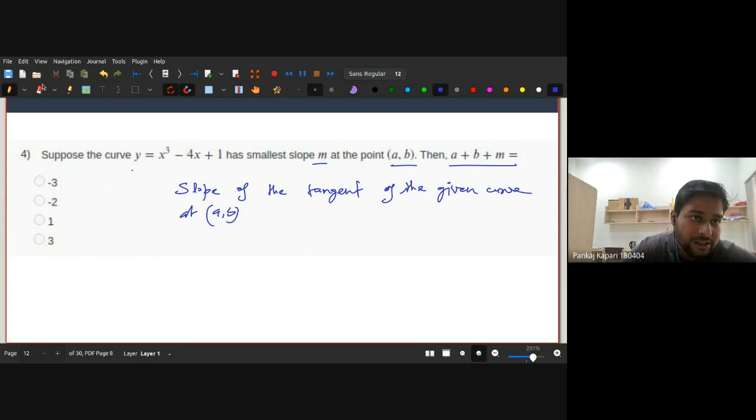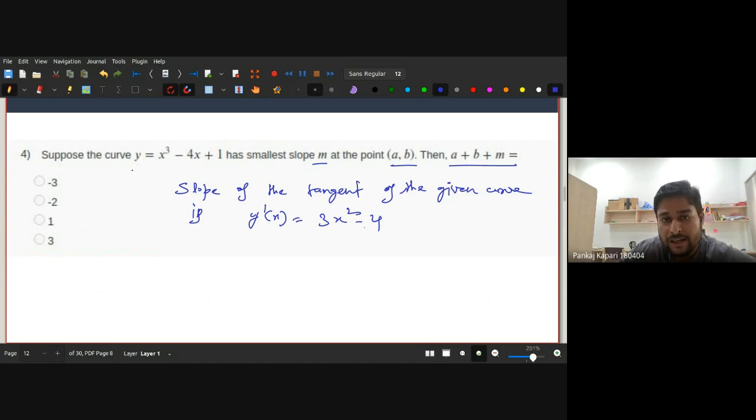In general, what is the slope of the given curve? It is given by the derivative at that point. So the slope is this y prime x, which is 3x square minus 4.